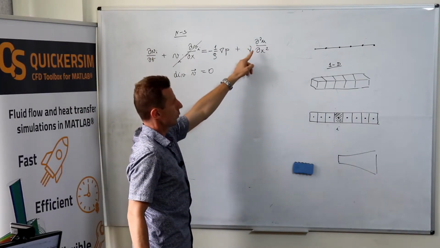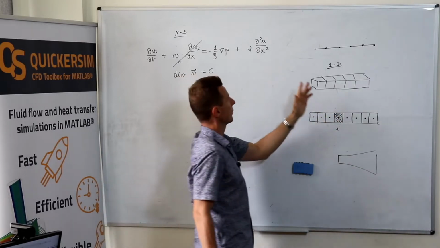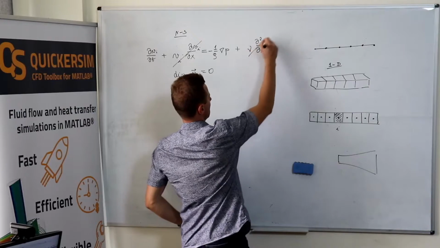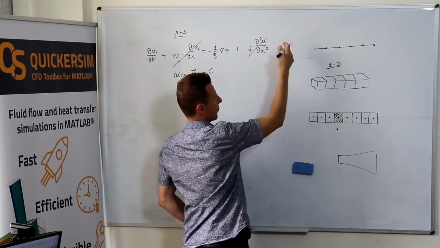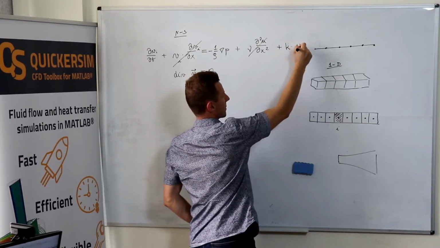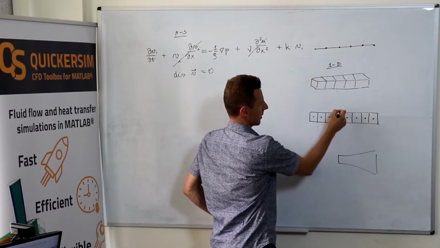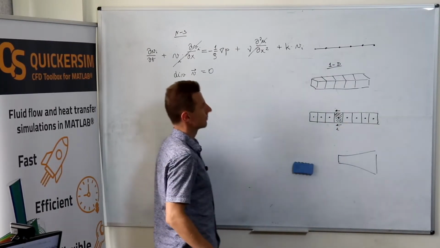Where this one would vanish as well in the 1D case, because if you want to represent the friction forces, you would rather say that they can be represented as some friction coefficient times the velocity, because this should represent the friction against the walls. Minus, I guess, yeah.